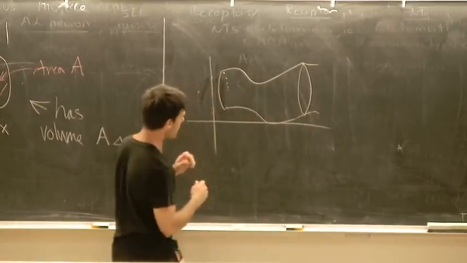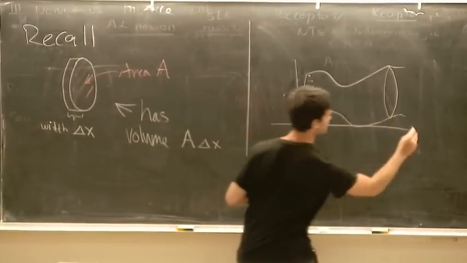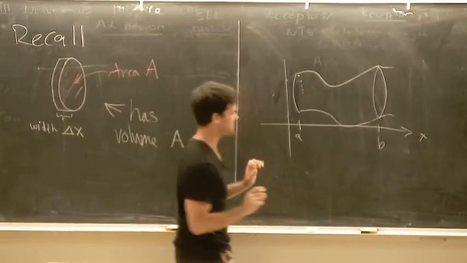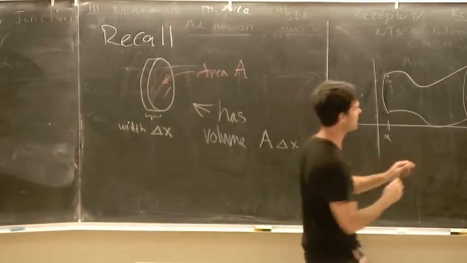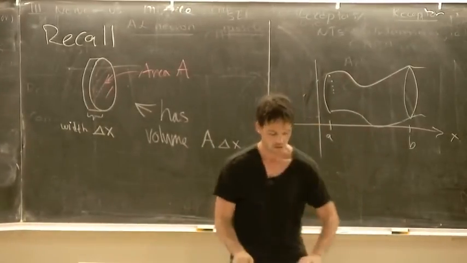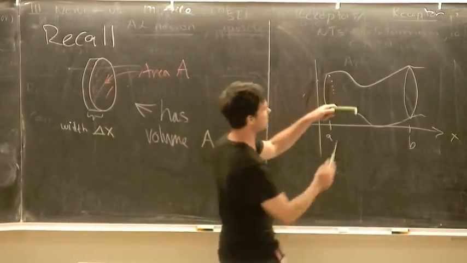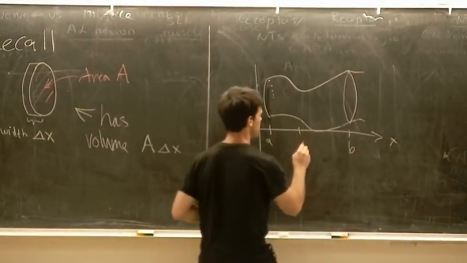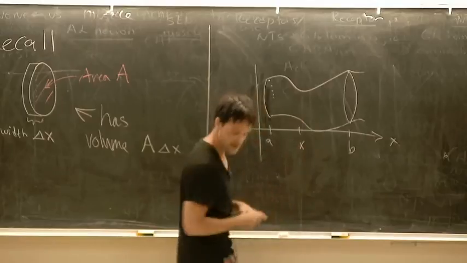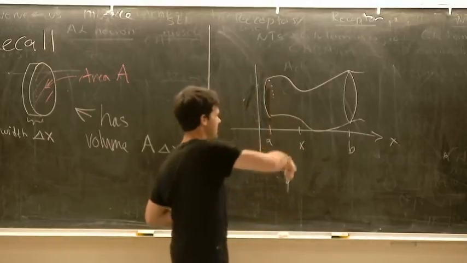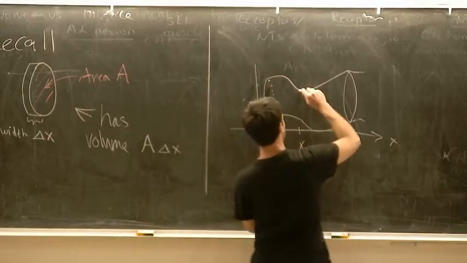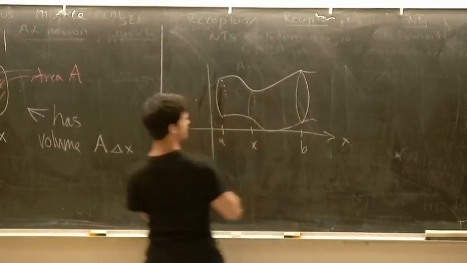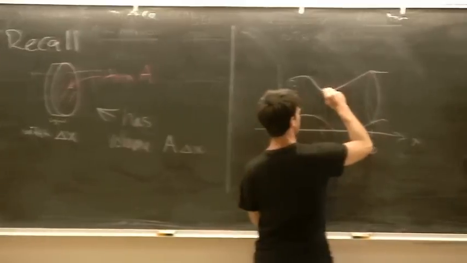Let's say this is the x-axis, and these are the two endpoints of this shape at A and B. Like what I'm doing with the zucchini, I'm looking at cross sections. So let's say I have a cross section right here at x. It's kind of like I'm going to take my knife and slice this shape right at x and look at a thin cross section here.